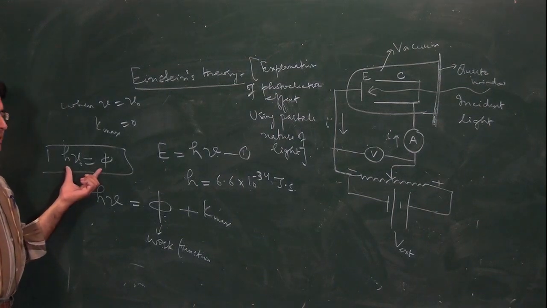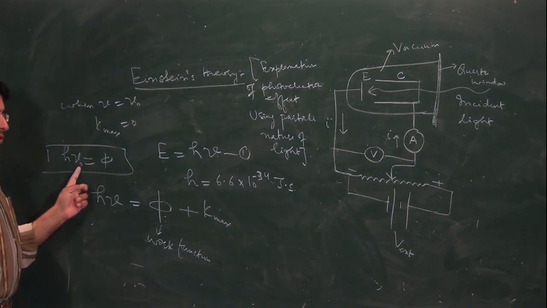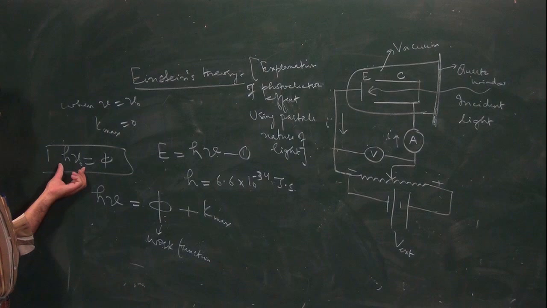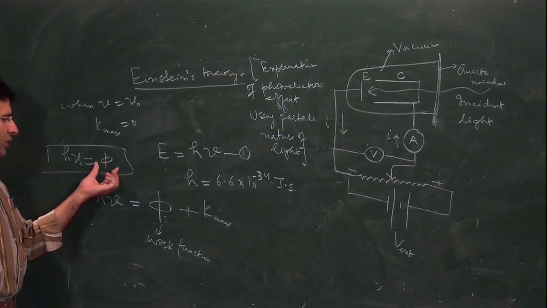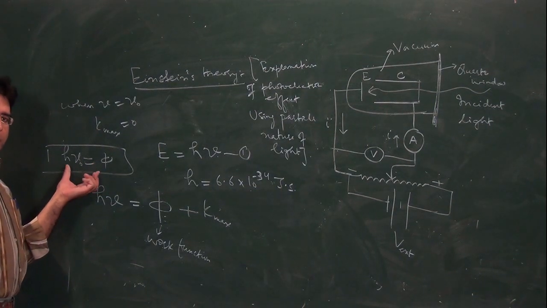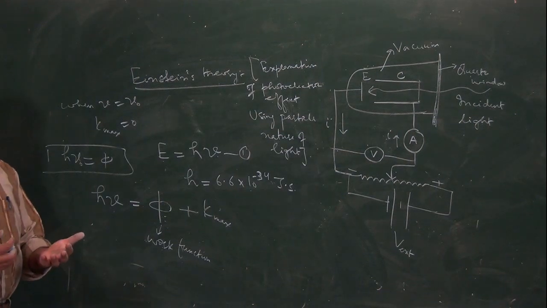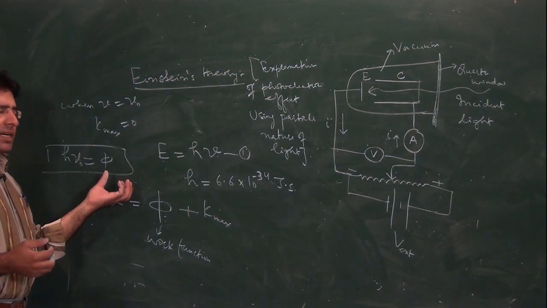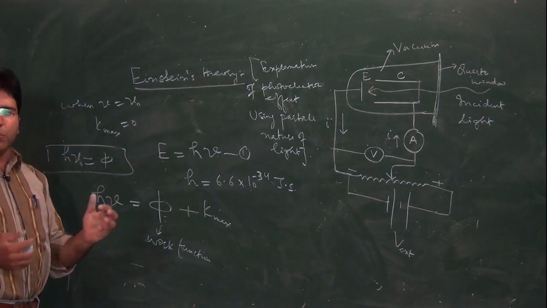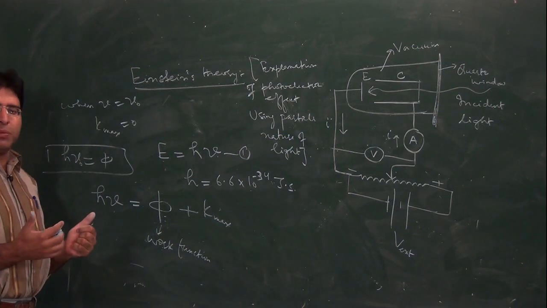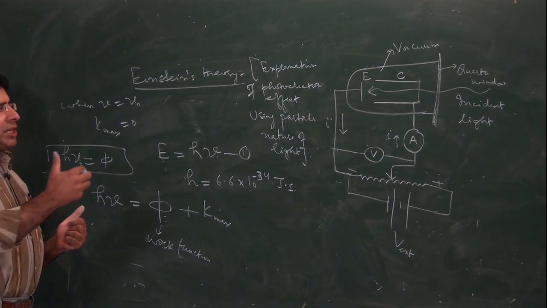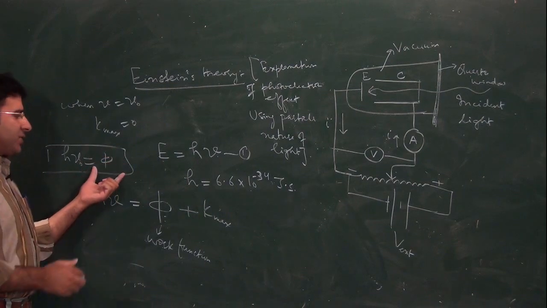So if your frequency is equal to threshold frequency, which is characteristic of the metal surface, then the energy available in the photon is just equal to the work function of the metal surface. That means the photon has energy sufficient to make the electron free, but there is no extra energy available in the photon which can appear as kinetic energy, by which the electron can move and reach the collector. Therefore there can be no photoelectric effect. It only makes the electron free, it cannot make it move, because there is no extra energy.